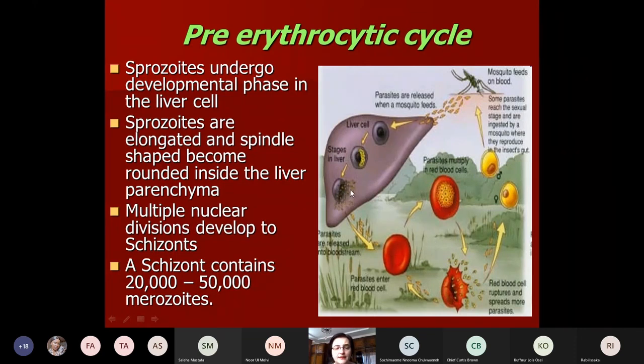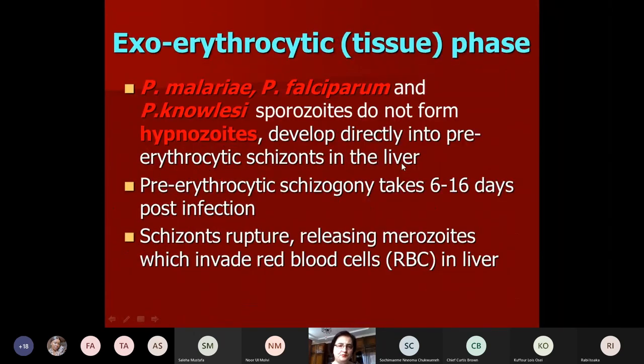A schizont contains about 20-50,000 merozoites in the liver, don't forget, in the liver, because in erythrocytes there will also be merozoites, but not so many. Exactly in liver cells so many merozoites are present in one schizont inside the tissue phase. Exoerythrocytic, exactly this liver phase.